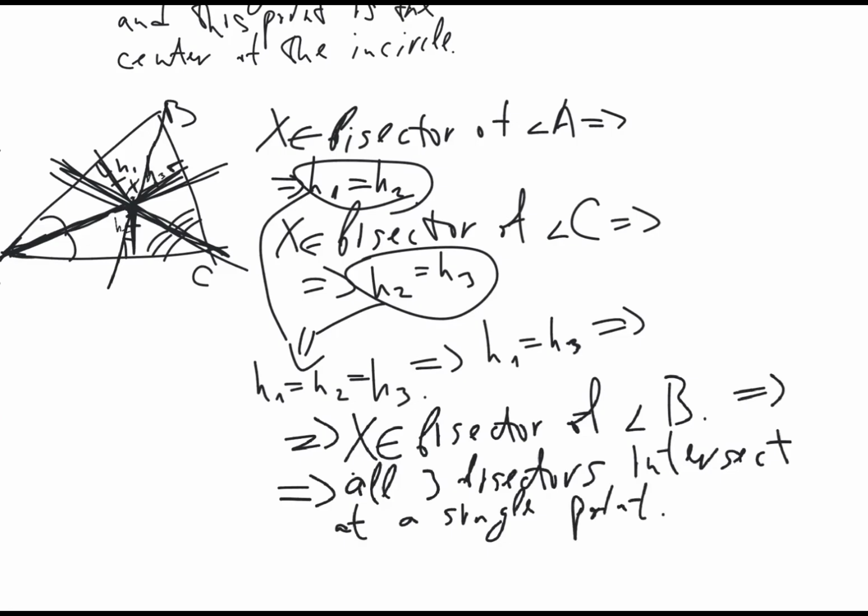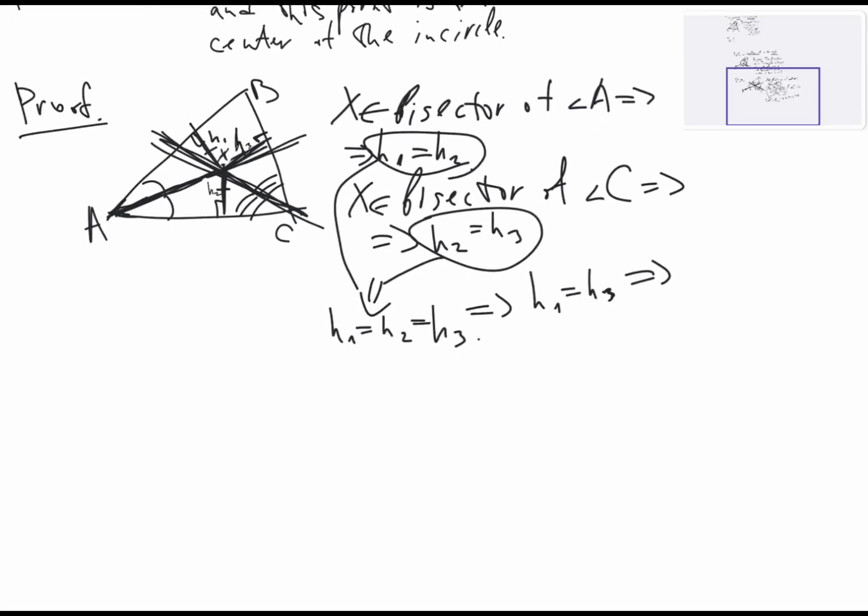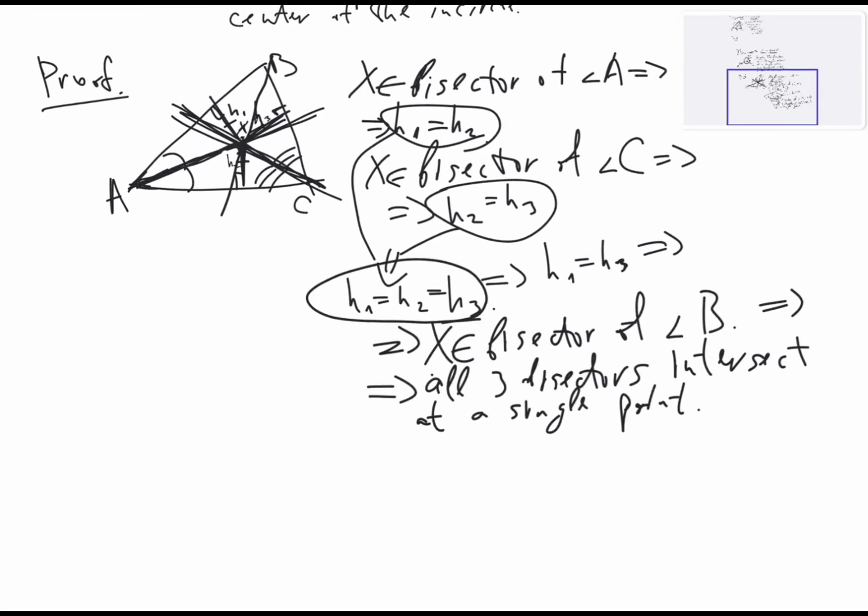Now, why is it the center of the incircle? Notice that all three distances from this intersection point of the bisectors to the sides are equal to each other.